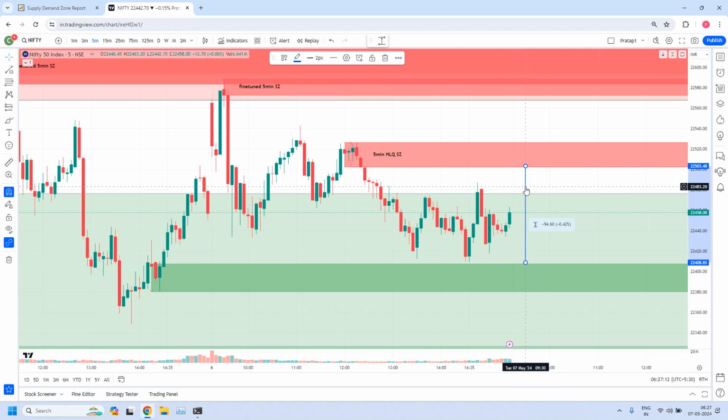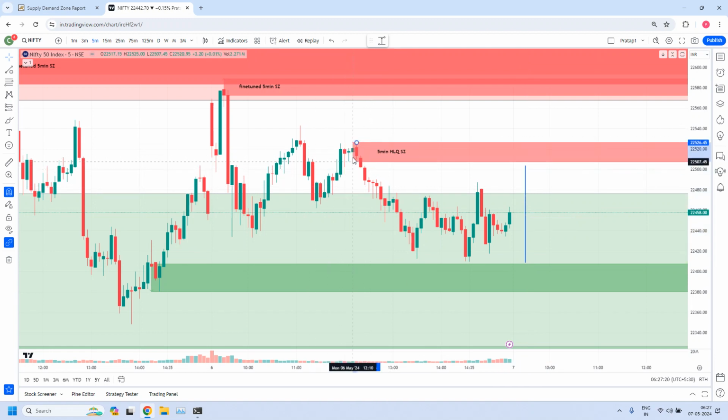You have a 94 points opportunity here. If you want more, and you can't accept this much risk, you minimize. You can plan a trade like this or like this. Now slightly your reward also will increase. Now it is going to be a 100 points range. This is the way you can also plan your trade.